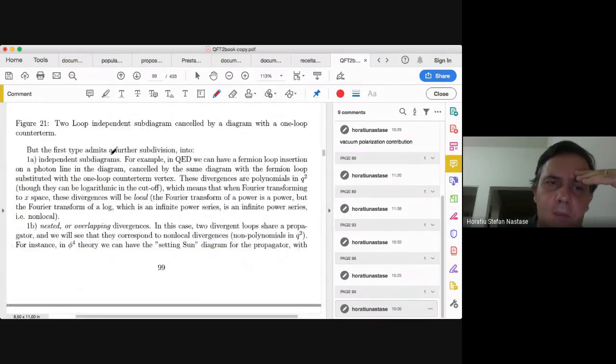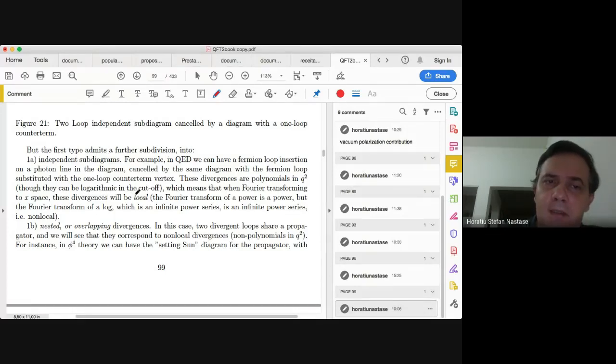But the other possibility, so these are divergences that are polynomials in the momentum squared. Although in principle you could have a logarithmic divergence, so log lambda squared. But polynomial in Q squared means that the Fourier transform of that in X space is also a power.